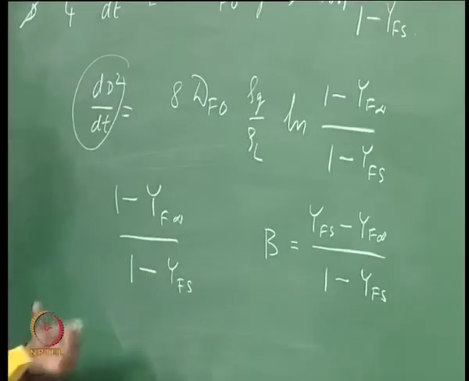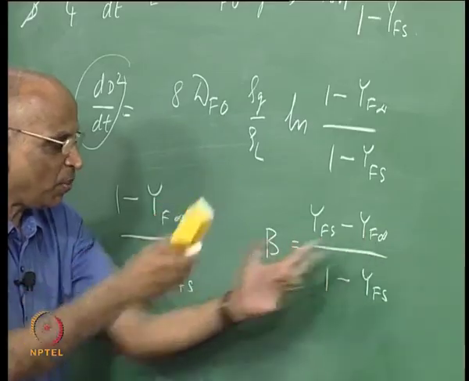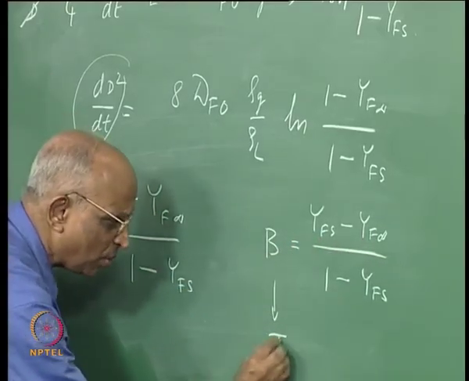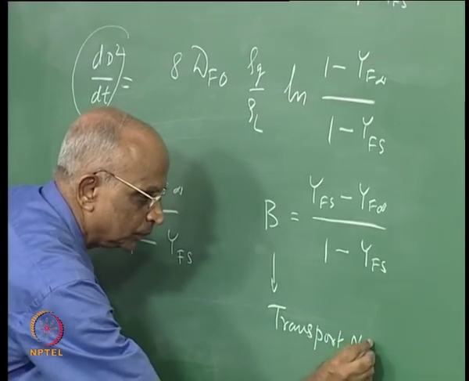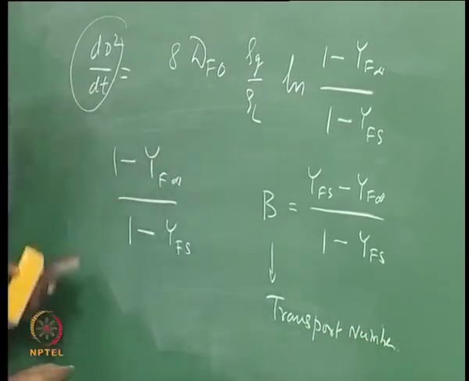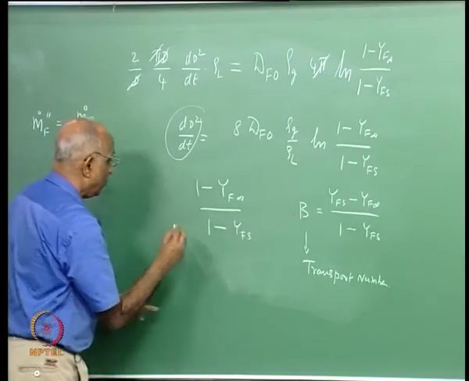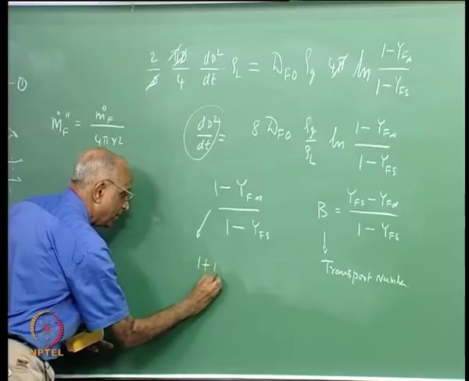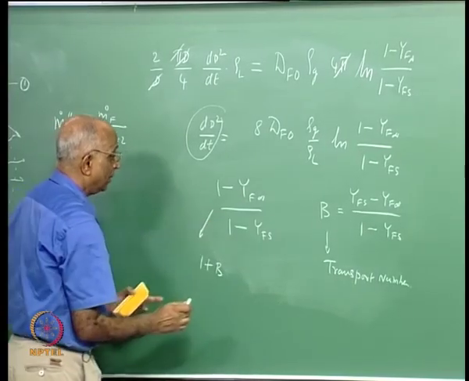This is something which is transported, so I call this a transport number. Then 1 minus f infinity into 1 minus fs, in terms of B, becomes equal to 1 plus B, because if I add 1 to it I get y fs minus 1 over here.